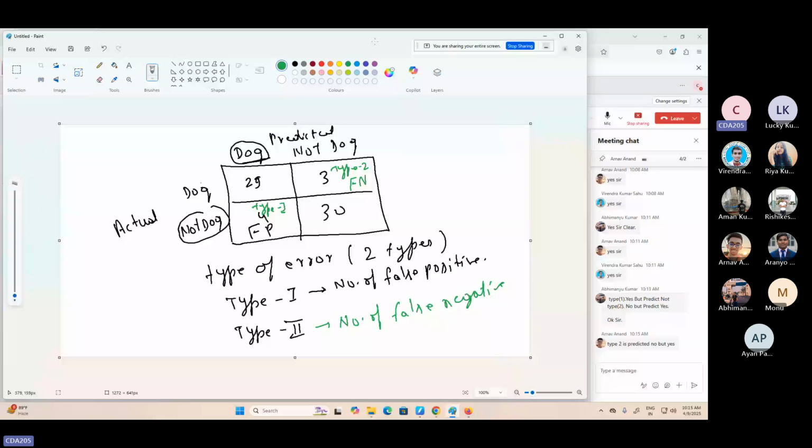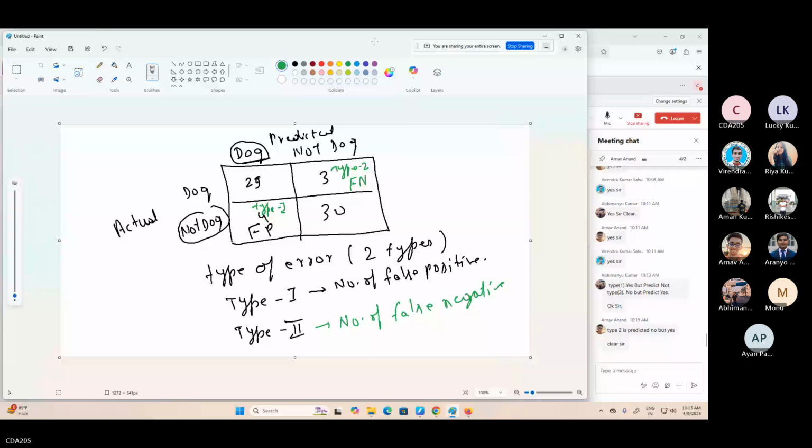So this way, by the confusion matrix, we can see the types of error, कि कहाँ गलती कर रहा है. मतलब कि मॉडल जो है, अगर हम देखेंगे तो मॉडल जो है यहाँ गलती कर रहा है. मीन्स 3 बार जो है डॉग को, जो डॉग है उसे नॉट डॉग बता दे रहा है, और 4 बार जो डॉग नहीं है उसे डॉग बता दे रहा है. ओके, आर यू क्लियर विद दिस?